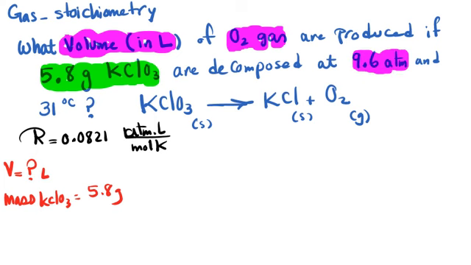9.6 atmosphere means our pressure is 9.6 atmosphere, and the temperature is 31 degrees Celsius.